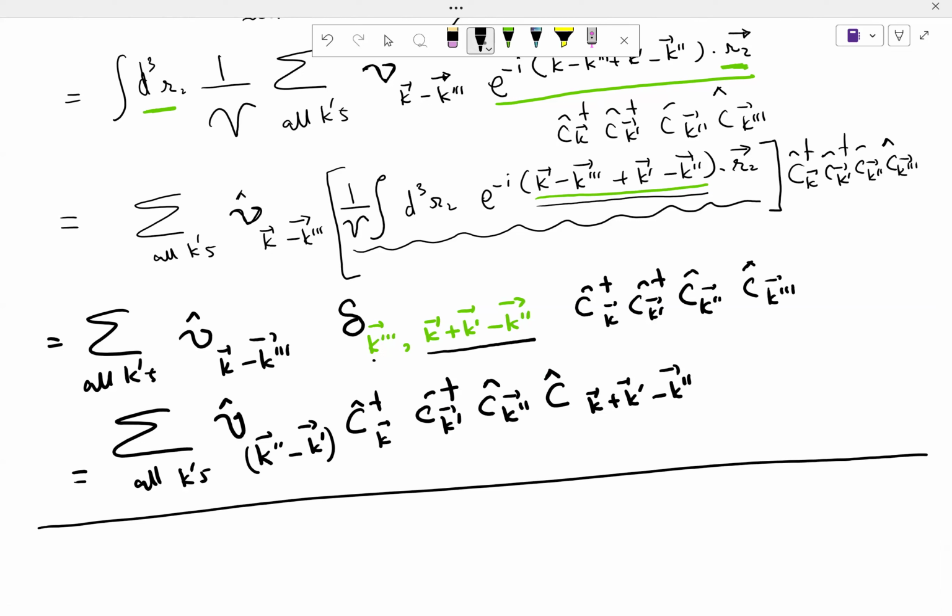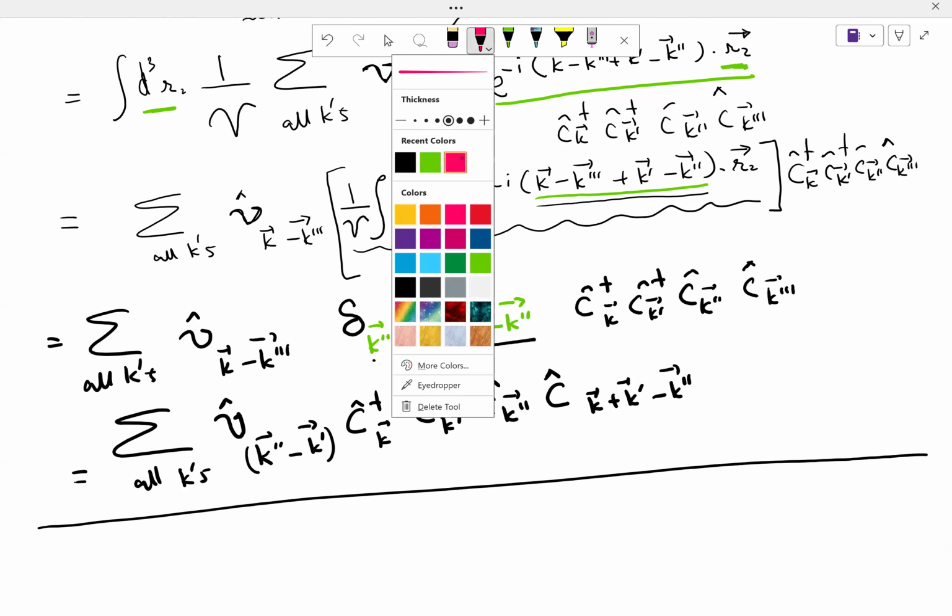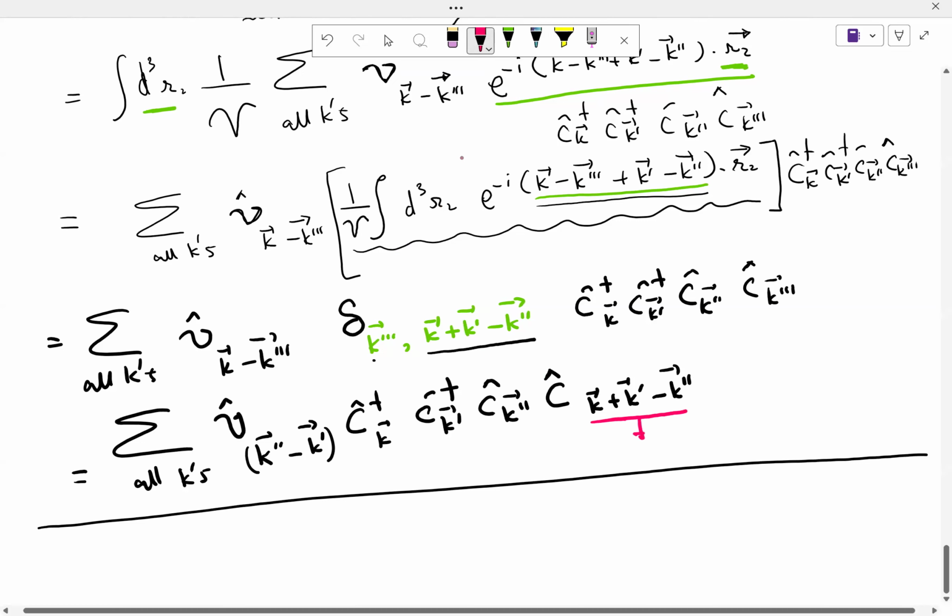So what I could do now is express this in an even prettier fashion. Suppose I define this variable to be P1, I define this variable to be P2, and I define this variable to be the momentum Q. This is just a relabeling.